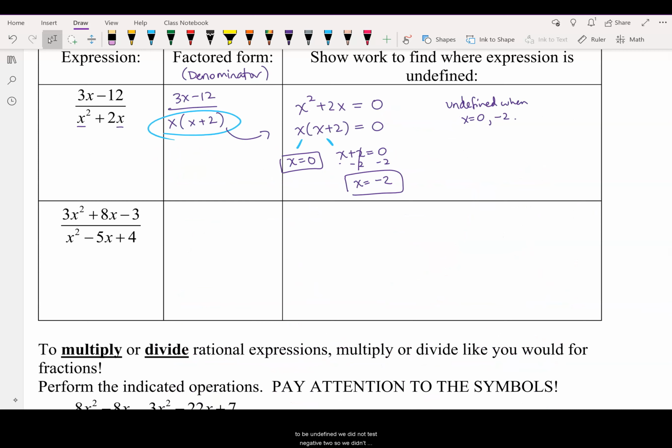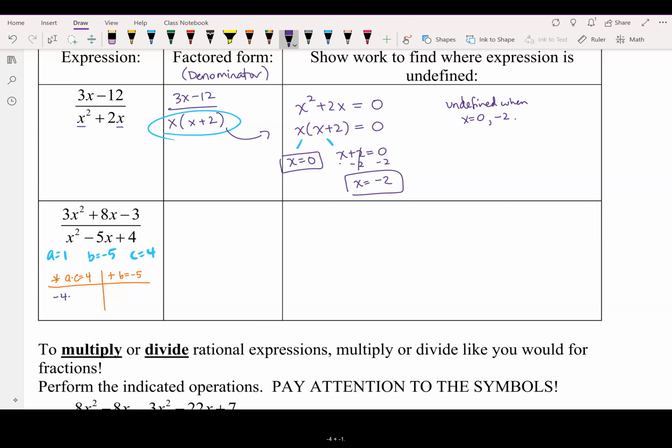Okay, let's try to factor the second rational expression's denominator, x squared minus 5x plus 4. When we're looking at this one, a is 1, b is negative 5, and c is 4. We need two numbers that multiply to be a times c and add to be b. Two numbers that multiply to be 4 and add to be negative 5?